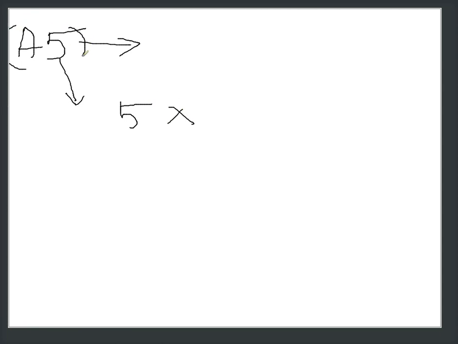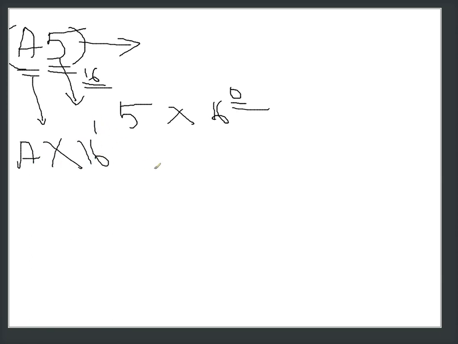Each position has its own weight in terms of its base. The least significant position has the weight of the base raised to 0, and the position after that has A into 16 raised to 1.